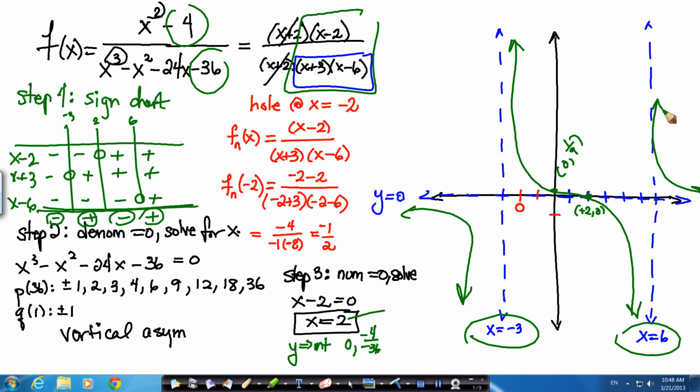Now wait a minute, our hole is messed up, isn't it? At -2, -4, -2 plus 3 is -1.